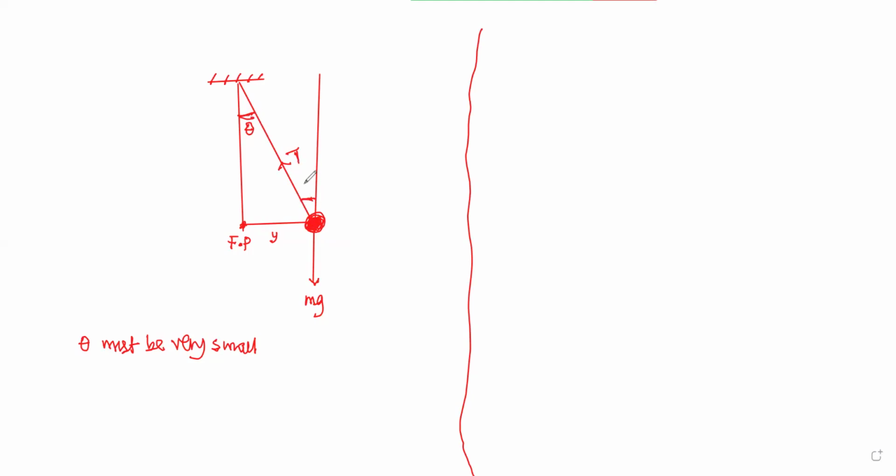So if this is theta, this is also theta. So we more or less have the tension in the string acting at an angle theta. So this is T. And then the angle of tilt is this.